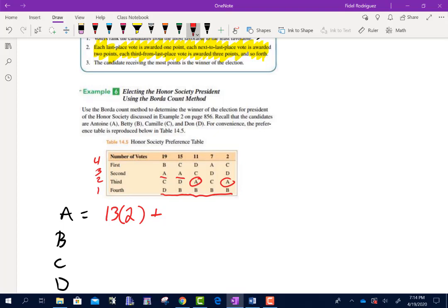If I add 19 and 15 together, that gives me 34. Second place votes get 3 points. And first place votes, Anton has a total of 7 of them, and each first place vote is worth 4 points. So all I'm going to do is take those numbers and start tallying them up.